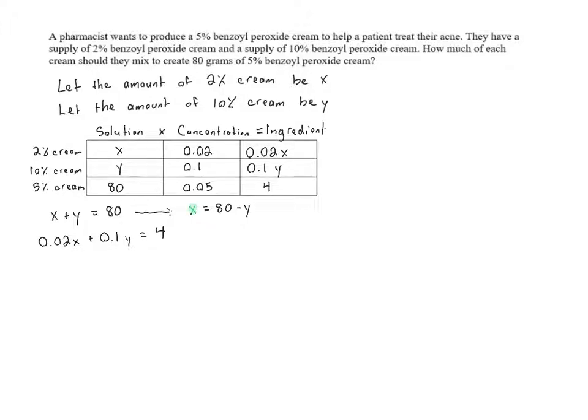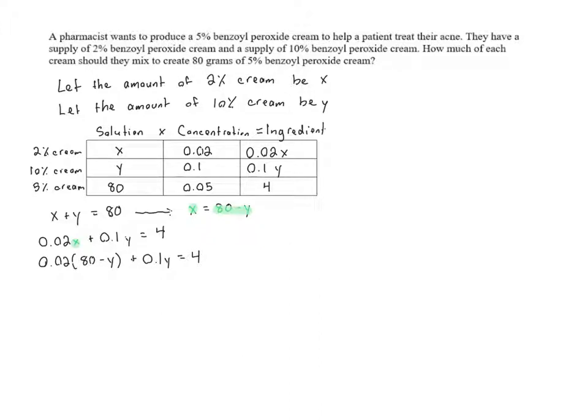We know that x is equal to 80 minus y, so wherever we see an x in the other equation, we can replace it with 80 minus y. Let's make that substitution. We end up with 0.02 times, and instead of x, we have 80 minus y, then plus the 0.1y equals 4.